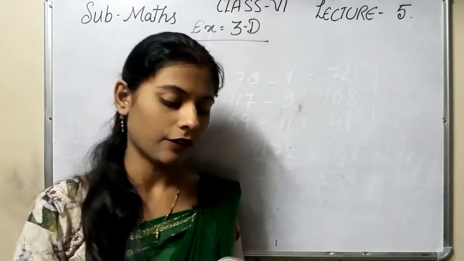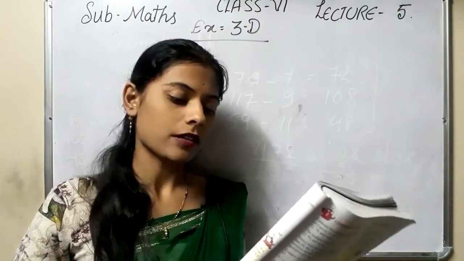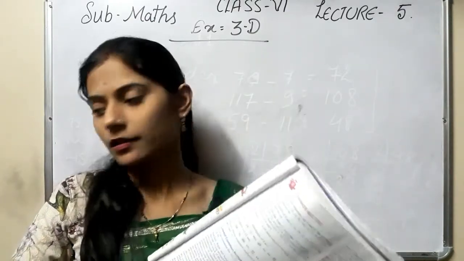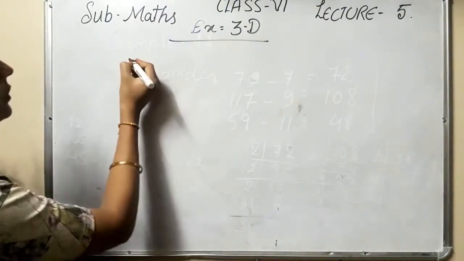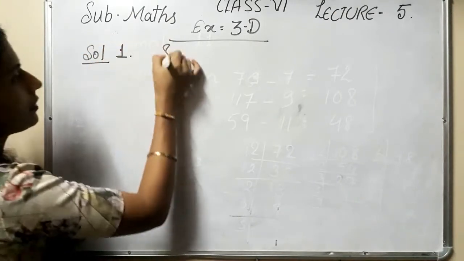See what is given here. First question, find the greatest number which divides 34, 60 and 85, leaving remainders of 7, 6 and 4 respectively. Solution number first.